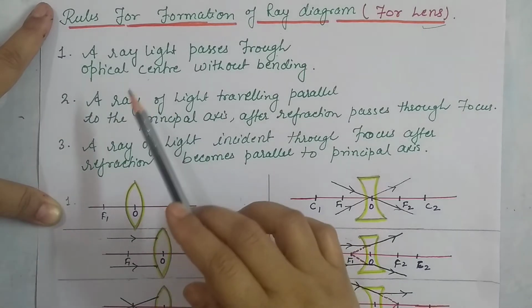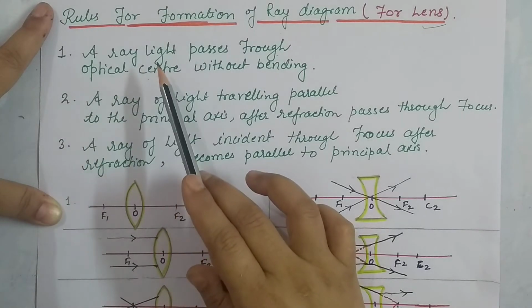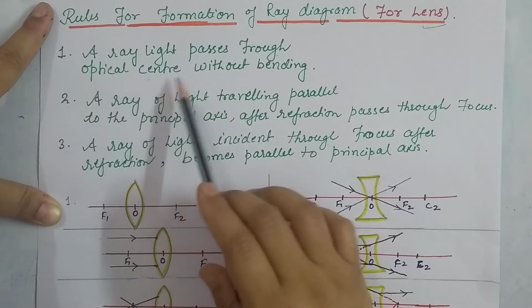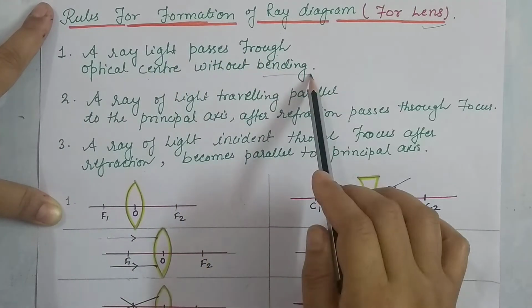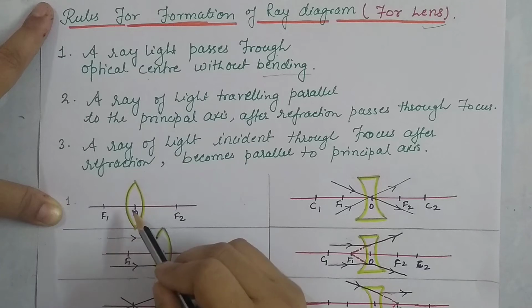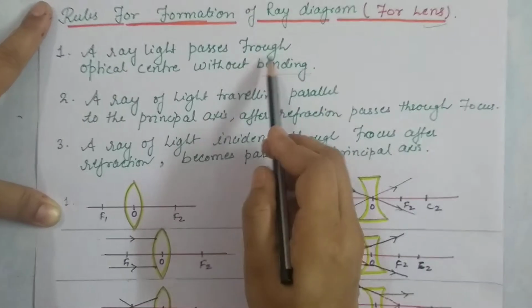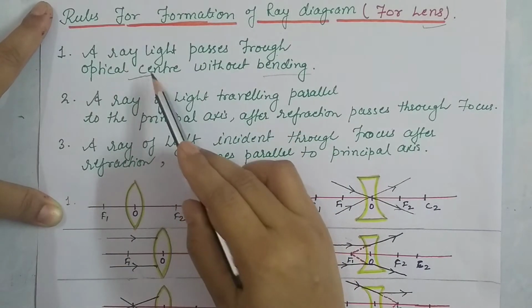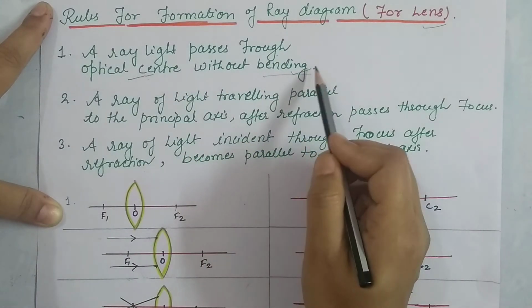The first rule states that a ray of light passing through the optical center does not bend.